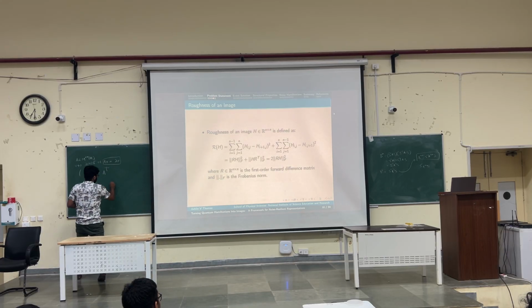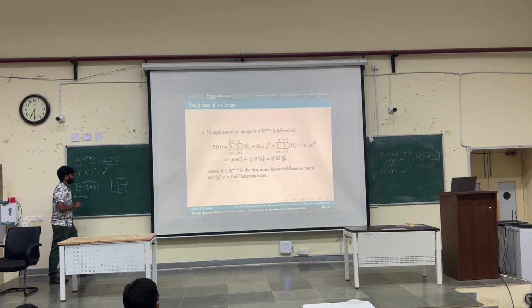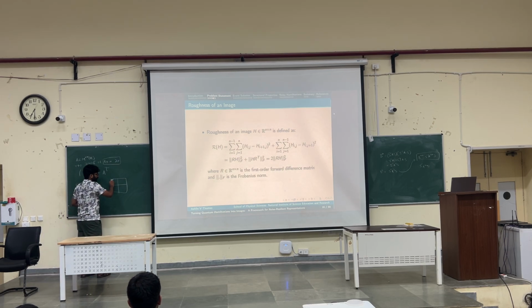So suppose you have an image. Let me just draw a portion of an image. I'm just taking 4 pixels here. Suppose this is a very dark pixel. This is white. This is very dark.